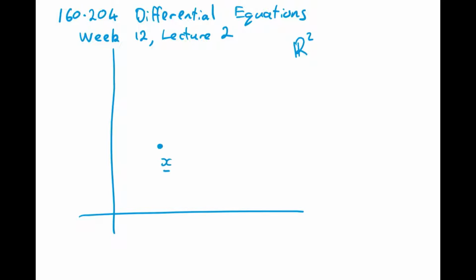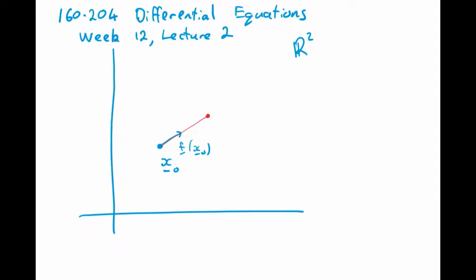In Euler's method, we started at x0, we calculated the vector field at that point, which was f at x0, just doing the autonomous case for now, and we took a step in that direction to get to here.